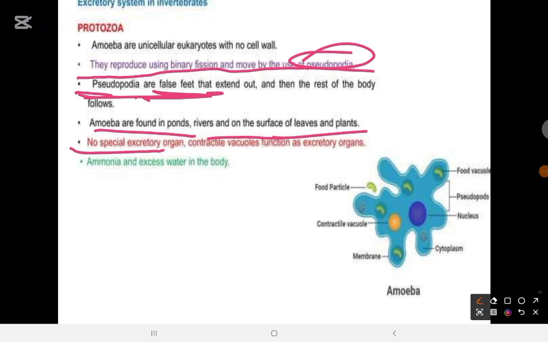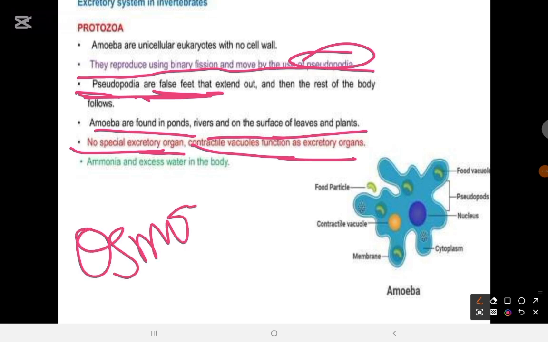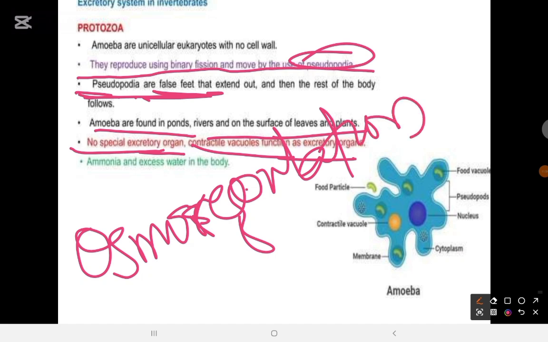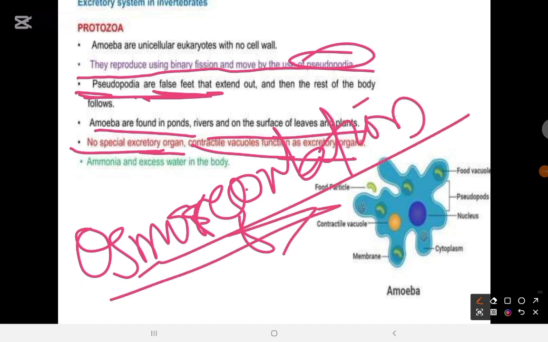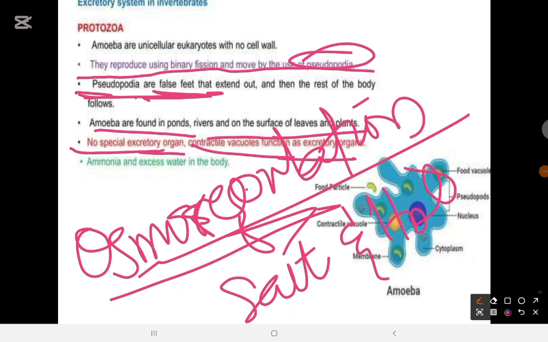And there is no special excretory organ, like I said. Contractile vacuoles function as excretory organs in a process known as osmoregulation. Osmoregulation is just the balance between salt content and water in the cell, in the unicellular organism.